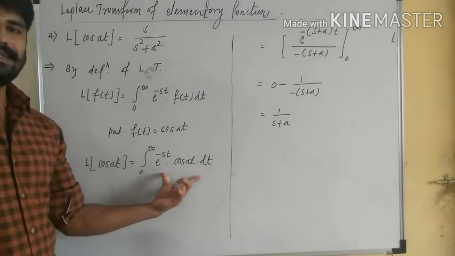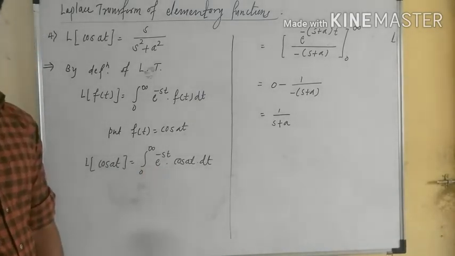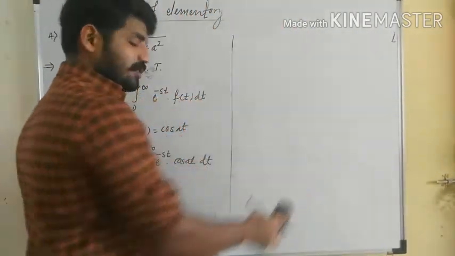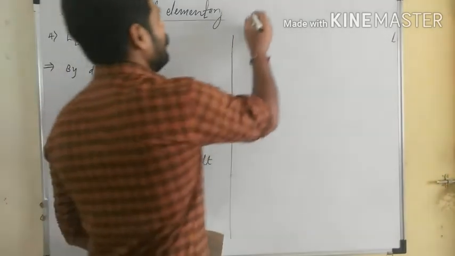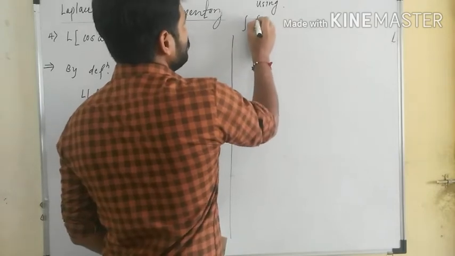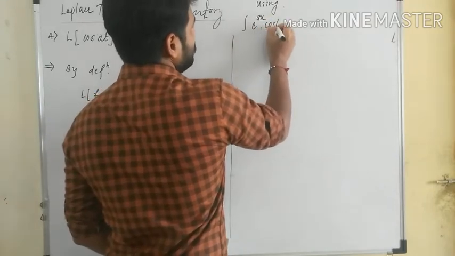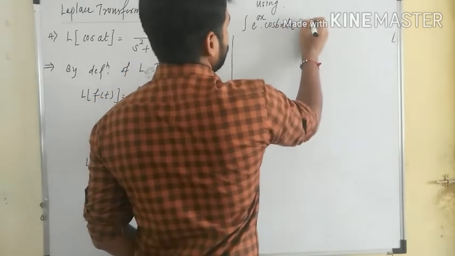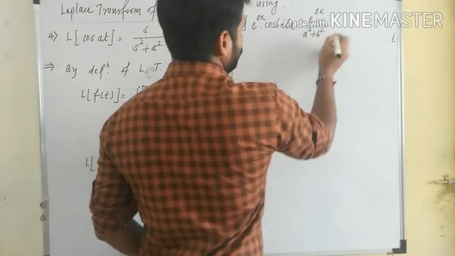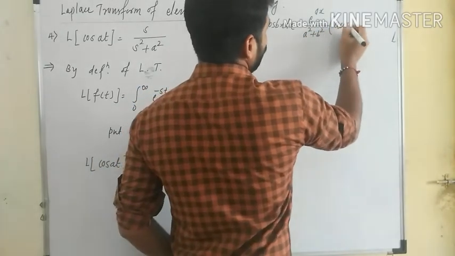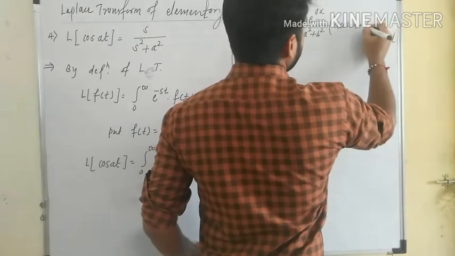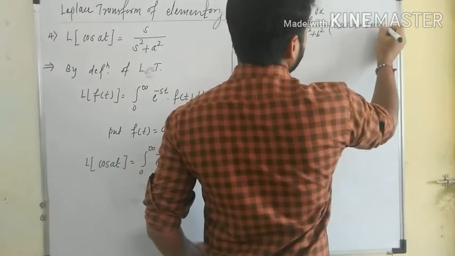Now we have to solve this integral, and for that we have to use one formula of integration. All of you know about this formula. Here is the formula we have to use: integral e raised to ax into cos bx dx is equal to e raised to ax upon (a square plus b square) into bracket a cos bx plus b sine bx.